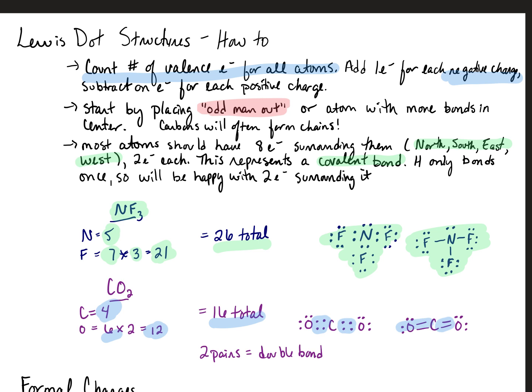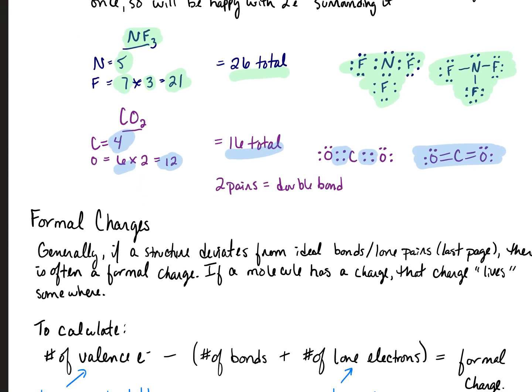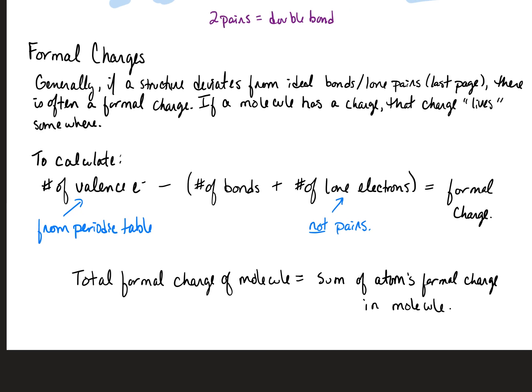And so we still meet what was on the previous page, in that we have an oxygen with 2 bonds and 2 lone pairs on both sides of the carbon, and carbon has 4 bonds. And so that's sort of how we do it. Okay, good. Hopefully this is a good review for you.